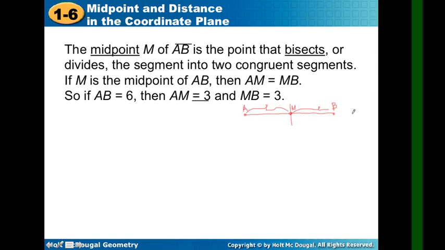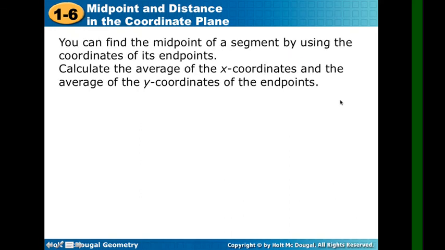If AB is equal to 6, therefore AM is 3, and the measurement of MB is equal to 3. So you can find the midpoint of a segment by using the coordinates of its endpoints.